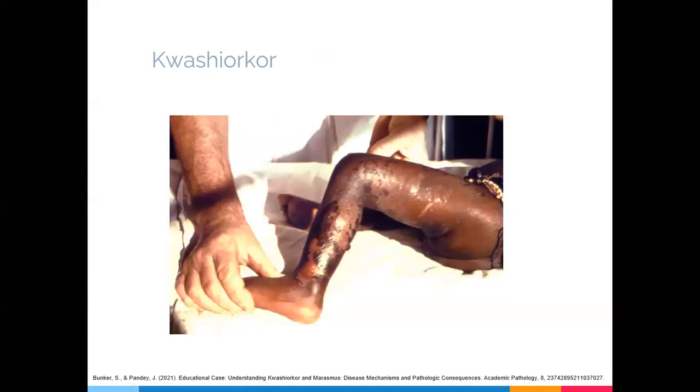Another distinguishing feature of kwashiorkor is that naa siya yung mga inani, no? Murag flaky paint nga appearance. Okay? And na irregular pigmentation. Makita nato kani nga side hypopigmentation. That means dili kaayo, wala kayo mga pigments.